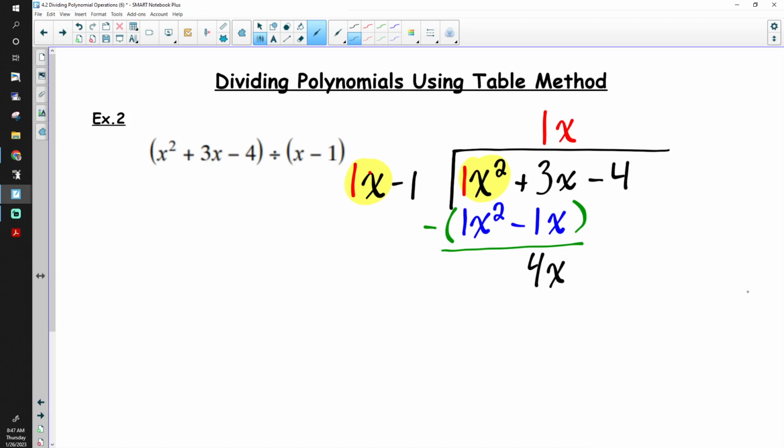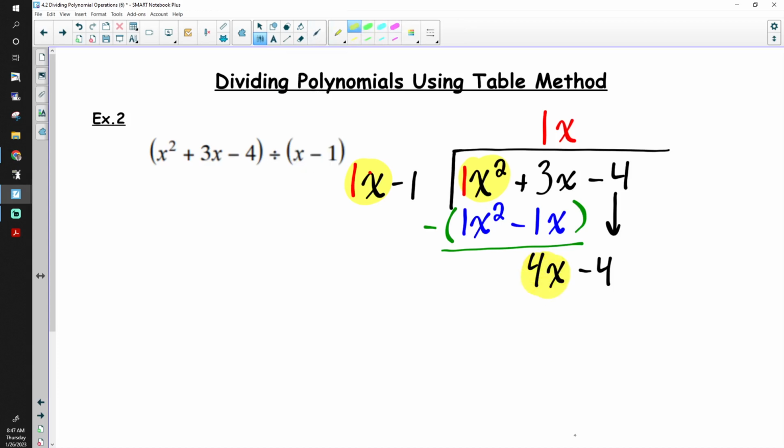Okay? I can't fit 1x minus 1 into 4x, so what do I need? I need to drop down my minus 4. Now, instead of looking at the 1x squared, we got rid of it. The new term that I'm trying to get rid of is 4x.